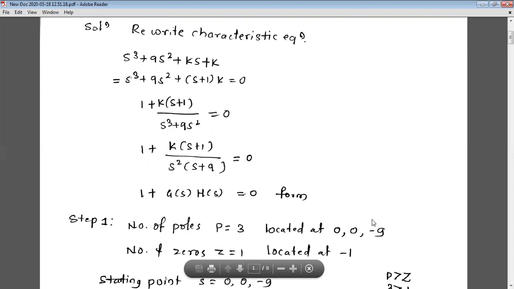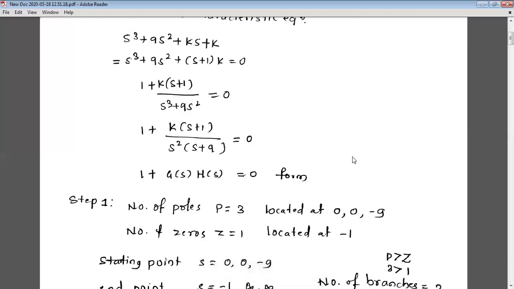We got these values by equating the factors to 0: equating s^2 to 0 gives s = 0 and one more root s = 0. Similarly, equating s + 9 to 0 gives s = -9. So the three pole locations are 0, 0 and -9.